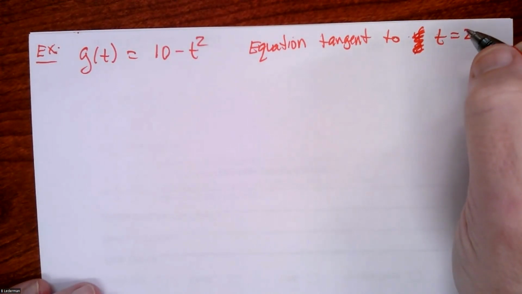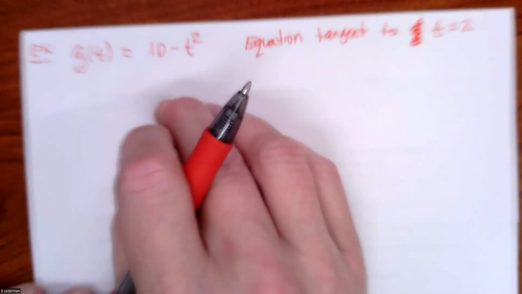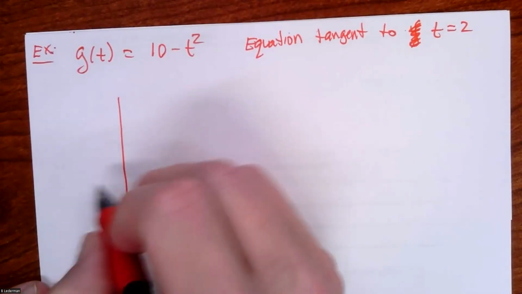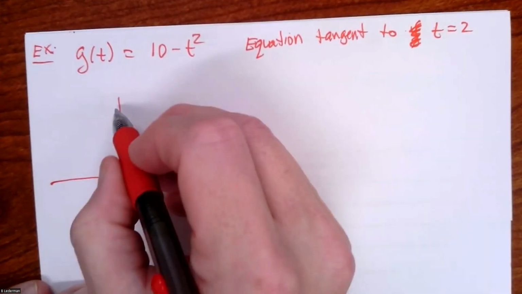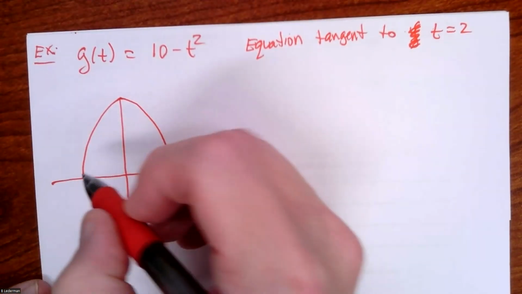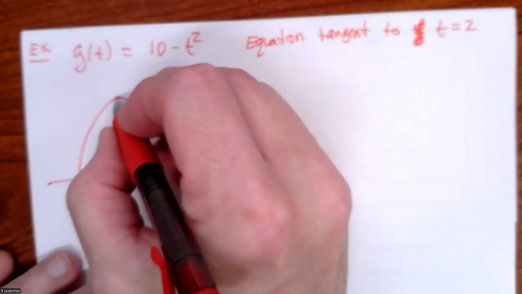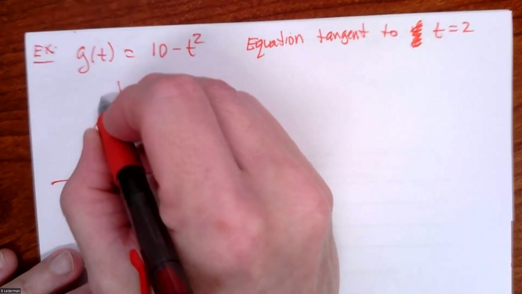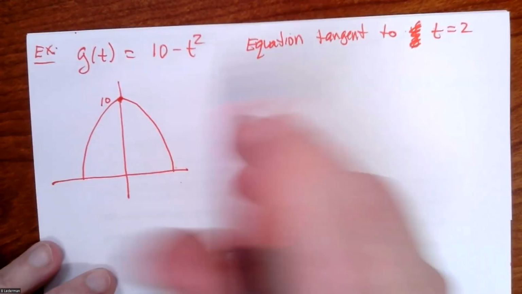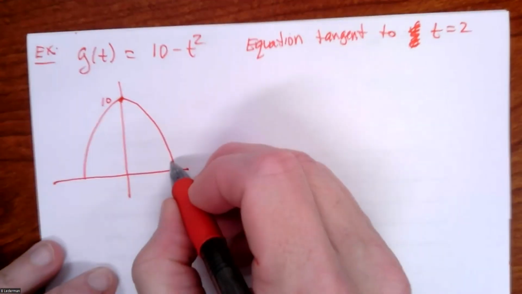First of all, you don't have to draw a picture, but I do want to draw a picture. This is really an upside down parabola. Now, this point over here is 10. And we want to know when t equals 2.